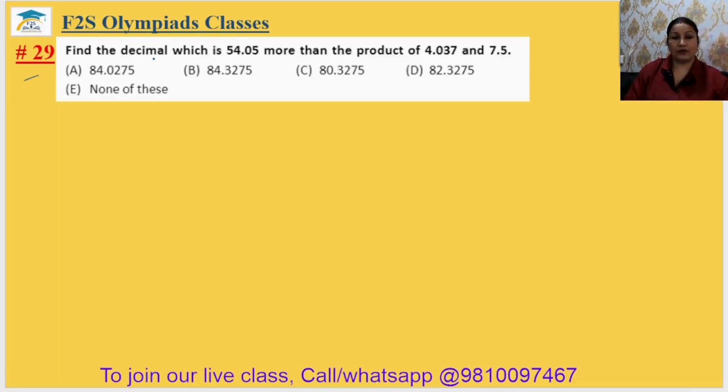Question number 29. Find the decimal which is 54.05 more than the product of this and this. The product of 4.037 multiplied by 7.5. What will it be? So you can just multiply it in your notebook. So you will get 30.2775.